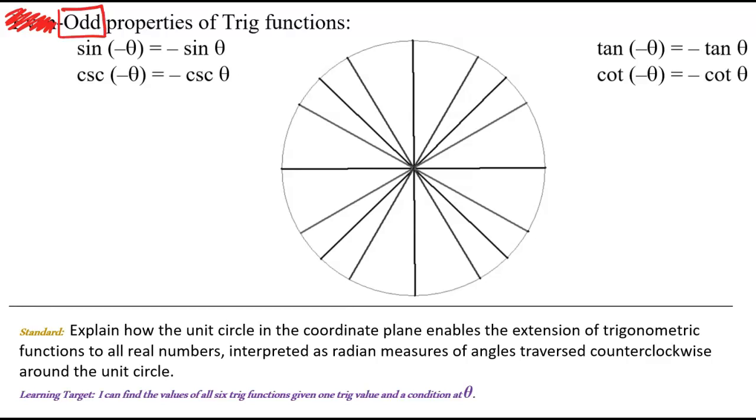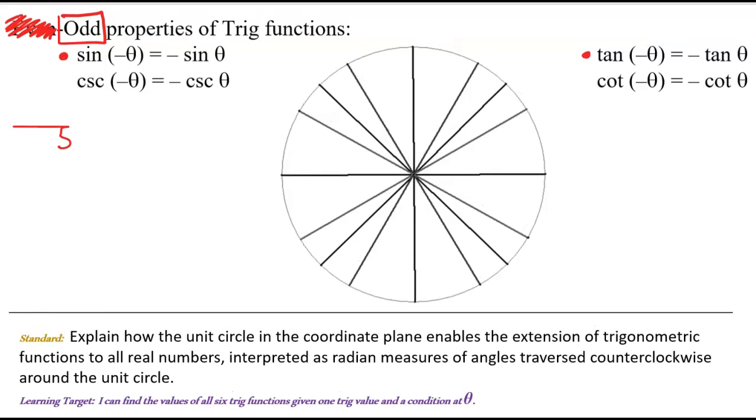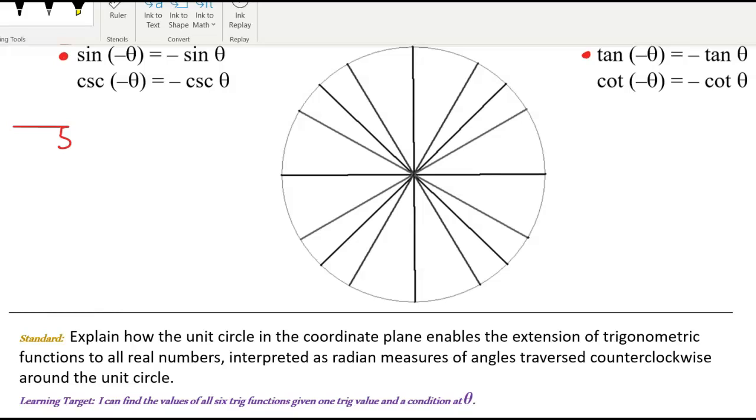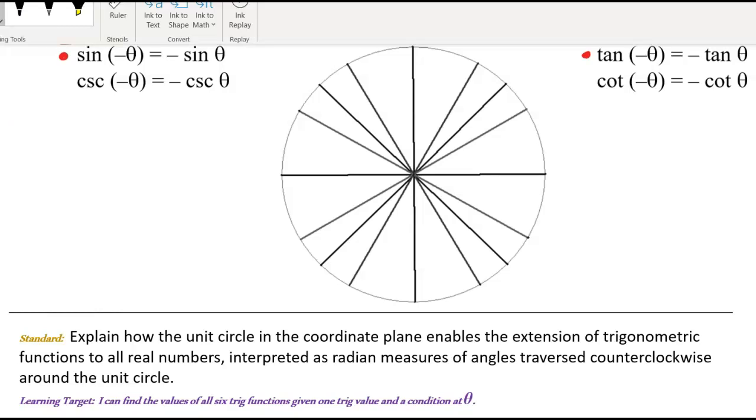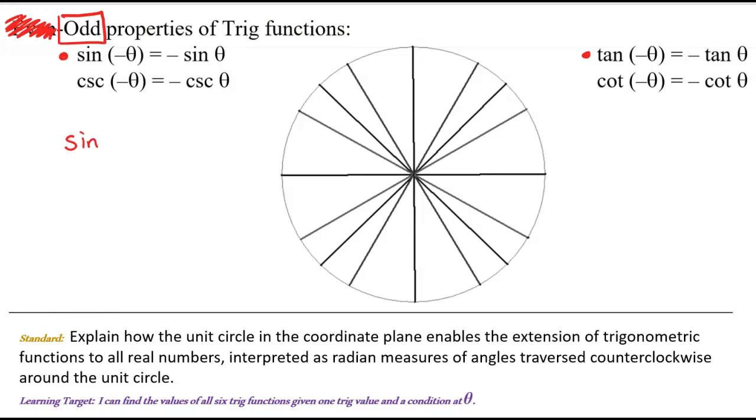All of the others, sine and tangent, those are actually odd functions. Now here's what odd means, and I'm going to do another example for sine, and I'll say that it applies to tangent, and we don't have to worry about finding it. So sine of 30 degrees, and I'm choosing 30 degrees just because it's nice for sine.